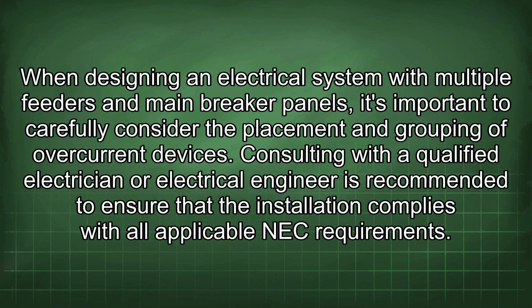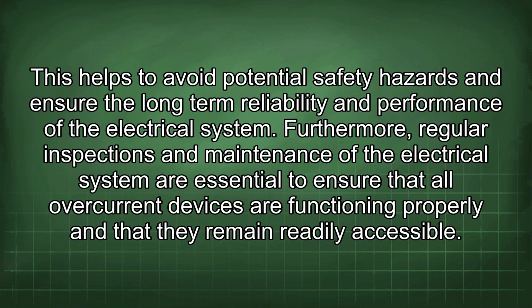When designing an electrical system with multiple feeders and main breaker panels, it's important to carefully consider the placement and grouping of overcurrent devices. Consulting with a qualified electrician or electrical engineer is recommended to ensure that the installation complies with all applicable NEC requirements. This helps to avoid potential safety hazards and ensure the long-term reliability and performance of the electrical system.